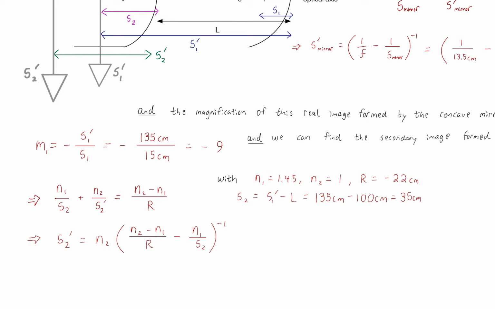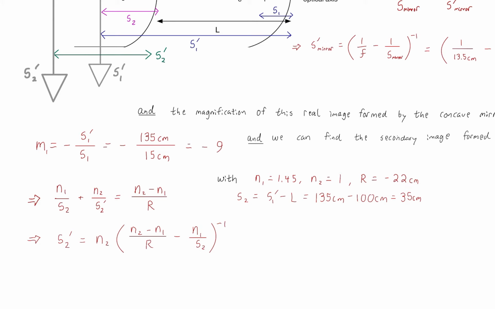And over here, I point out that N1 is going to be 1.45 because the object is within the refracting surface. And N1 is always the index of refraction that's on the same side as S. Well, S is over here, because S1 prime is playing the role of S, remember? Then N2 is the index of refraction opposite, so that's just the surrounding air. R is negative 22 centimeters. Why?